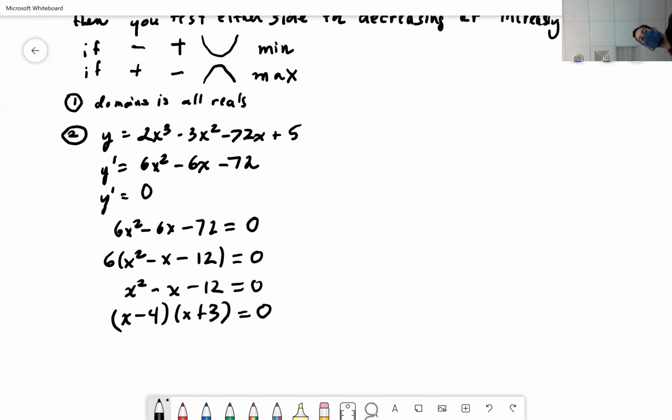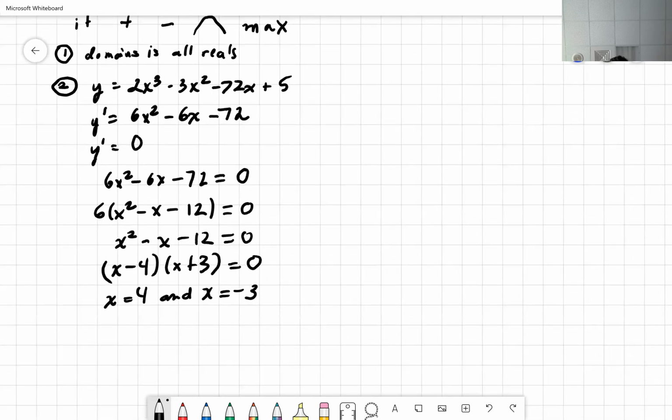So you can say right now that x is equal to 4 and x is equal to negative 3. Those are where our x values for stationary points should be.